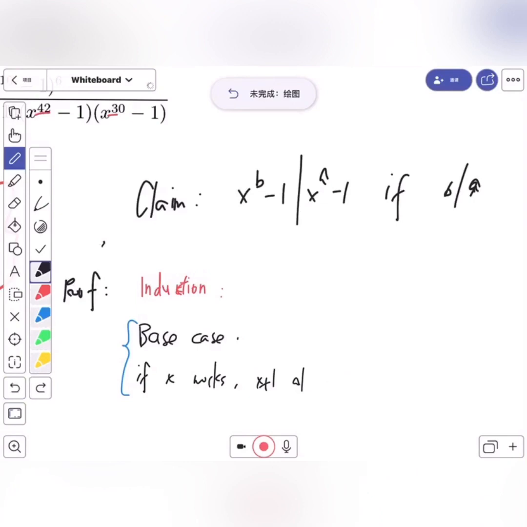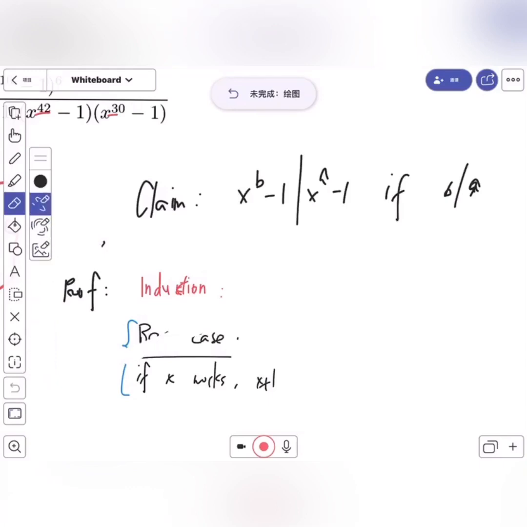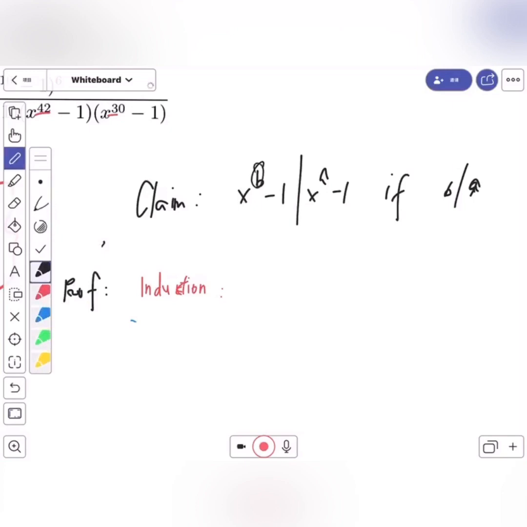This basically shows that the base case, the first block, is pushed down, and whenever one block falls, the next also falls. This can be used to prove the claim for all positive integers, and b and a are obviously positive integers, so induction will be the best technique to prove this claim.